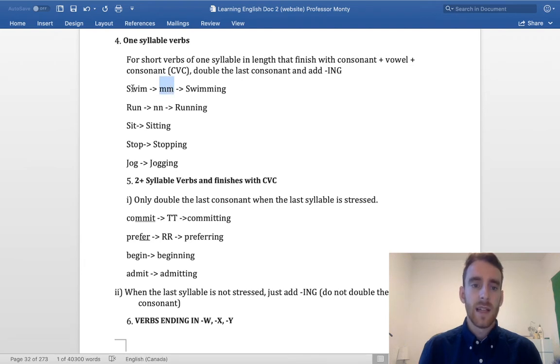So it finishes with consonant. CVC is consonant, vowel, consonant. You double it and add ing. So I am swimming has 2 M's. Okay, the verb is to swim, 1 M, but in the present continuous, it's I am swimming. Okay, so you get the idea.